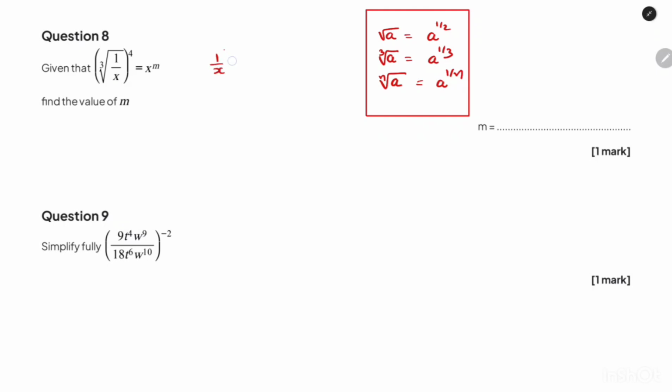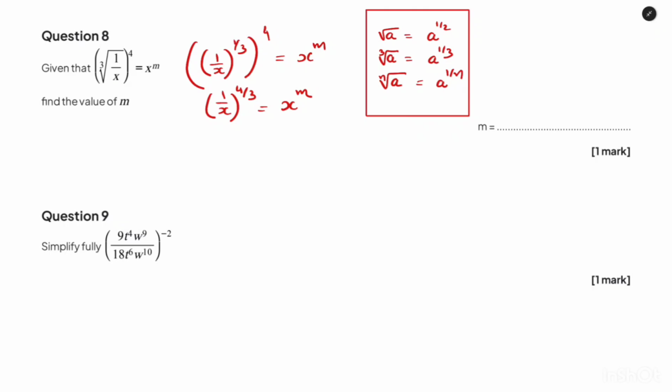So it's 1 by x to the power 1 by 3's power 4 is equal to x to the power m. Now the powers will be multiplied, so 1 by x raised to 4 by 3 is equal to x raised to m. Now on the right hand side the x is in the numerator, on the left hand side it is in the denominator. To shift it to the numerator, I'll reciprocate it, and in the reciprocation the power will become negative.